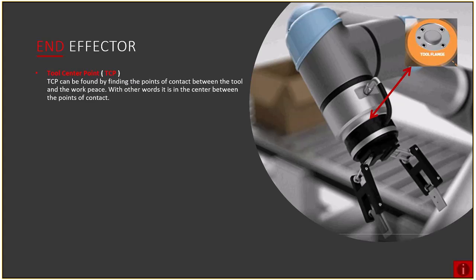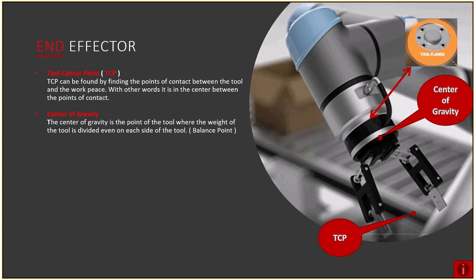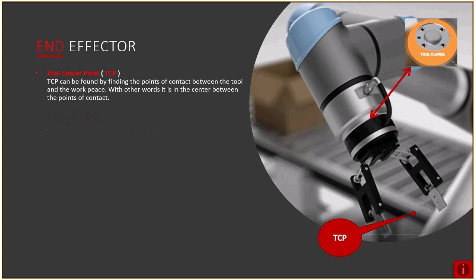At the end of the gripper you have the two parts that open and close. Those are the points of contact, and the TCP is always in between those two points of contact.